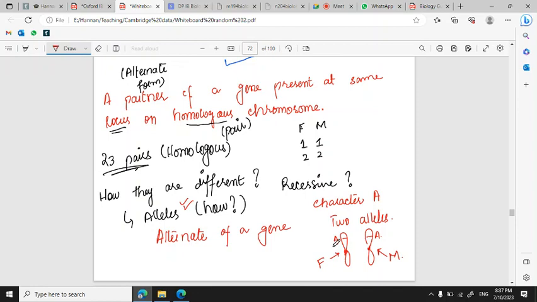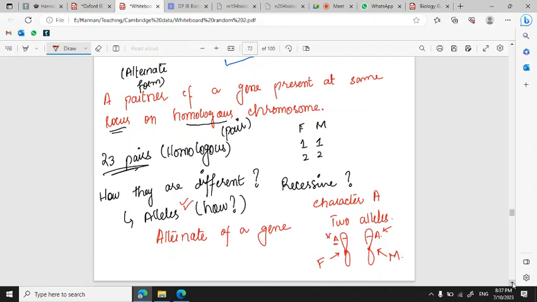So always remember that if we get one set from our father and the other set from our mother, it means that one allele comes from our father and the other from our mother. This is the key point to understand the pattern of genetics.